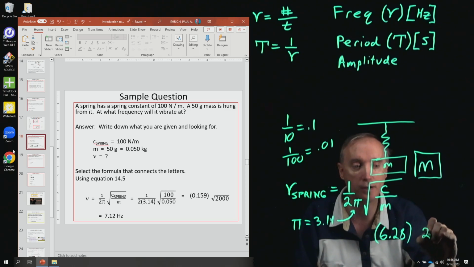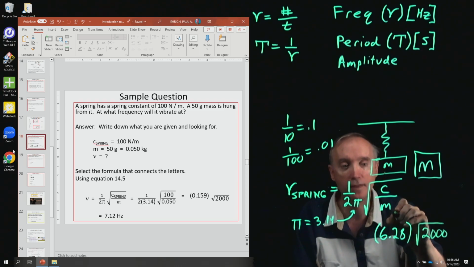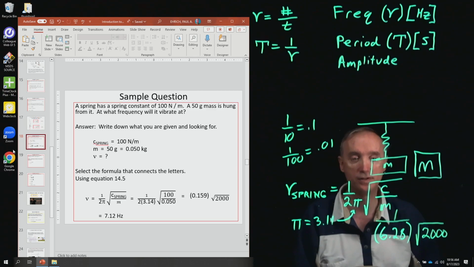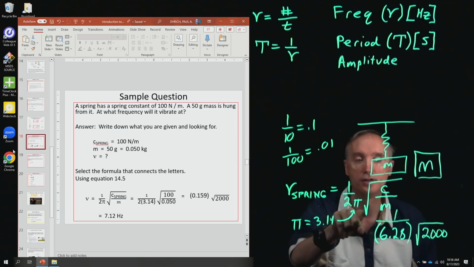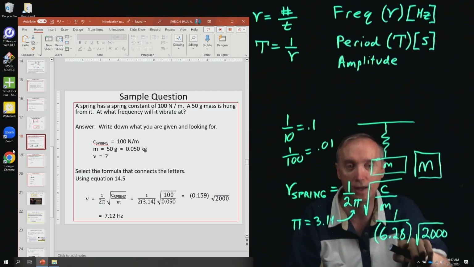Okay, and so that's going to turn out to be 2,000. So on my piece of paper, I'm going to write 2,000, but I need to take the square root of that. Okay, and then over here, remember that this is 1 divided by that. 1 divided by 2 times pi. So I'm going to do this piece next. 1 divided by 6.28.